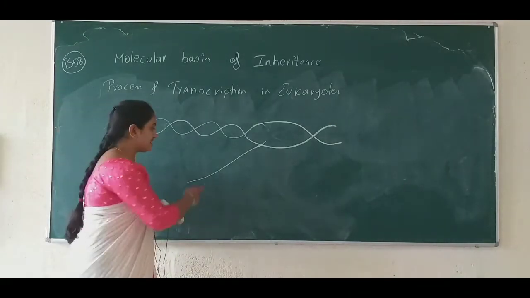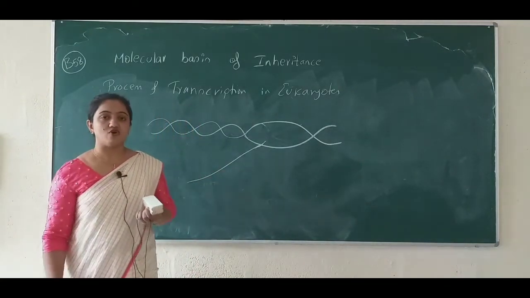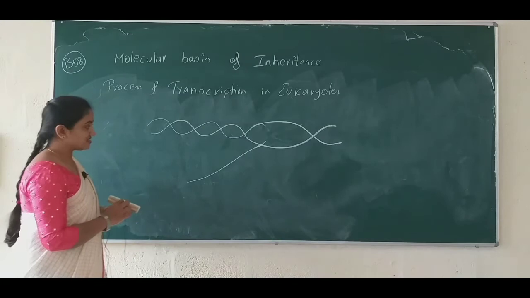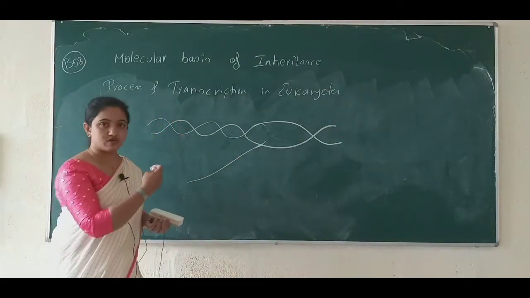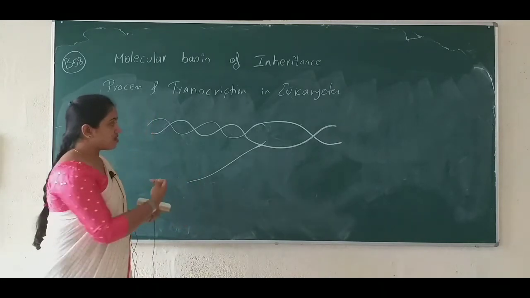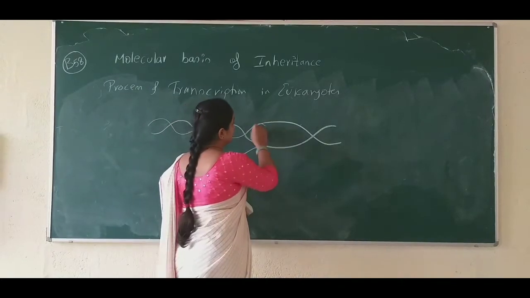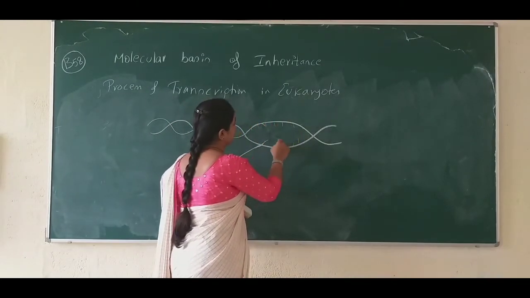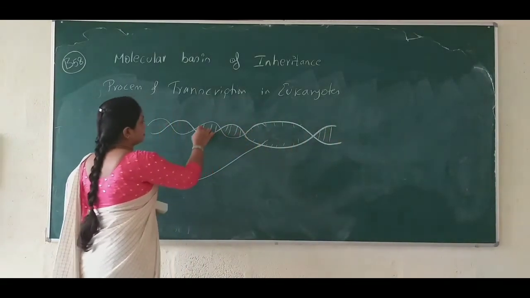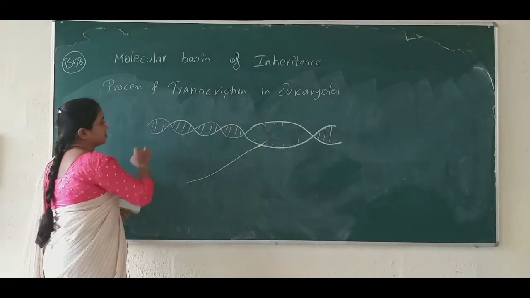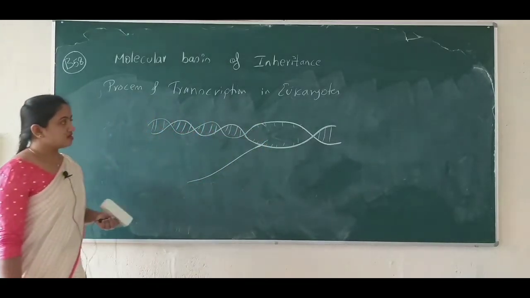What will be there in this RNA? There will be non-functional parts present in this RNA that should come out of the RNA. How will they come out? We'll see that. So here, as in prokaryotes, we have the unwinding of the DNA double helical model.